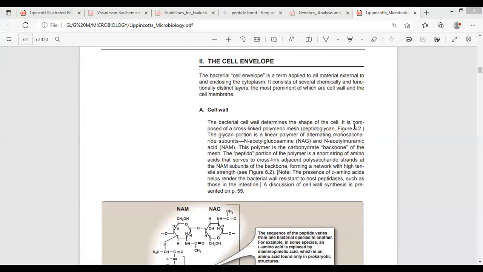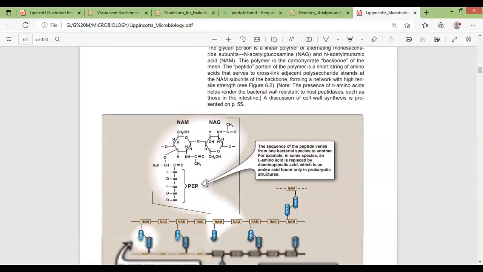So the cell wall is made up of peptidoglycan. It's called the peptidoglycan layer, and it's made up of two alternating sugars, N-acetylglucosamine and N-acetylmuramic acid.